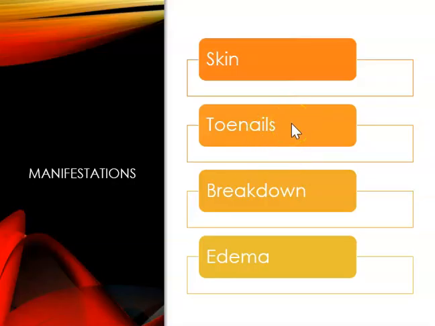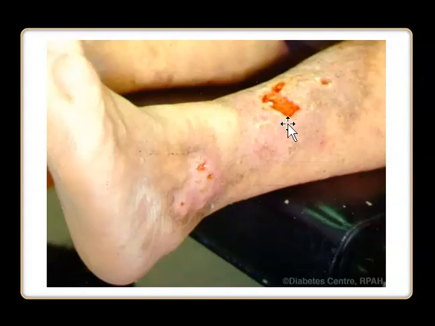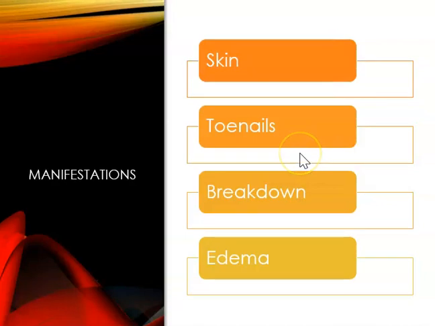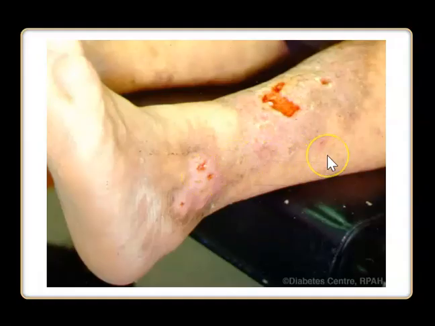So with their skin, it's going to be often shiny and hairless with discolored areas, and we can really see that there. There's no hair on this leg, and it's got the discolored areas. Their toenails may be thickened. Can't really see that on that picture, but you will see an increase in that. And then areas of skin breakdown may be present along with edema, and we definitely see that in this picture.